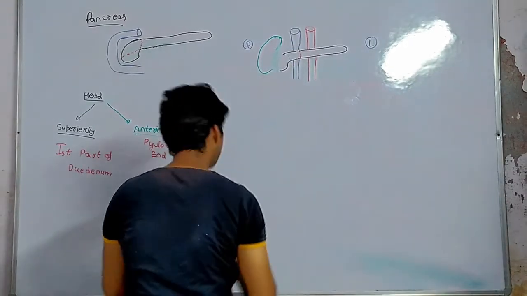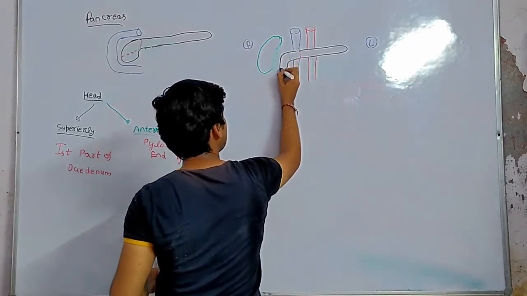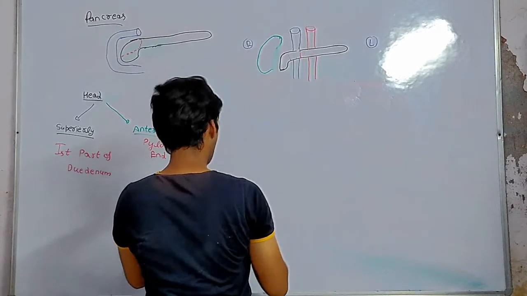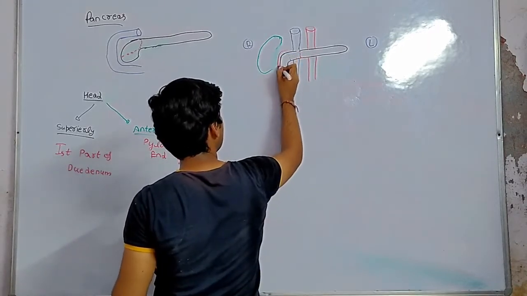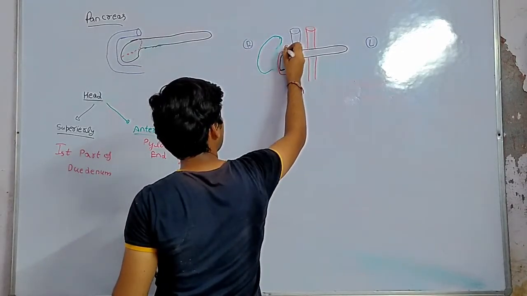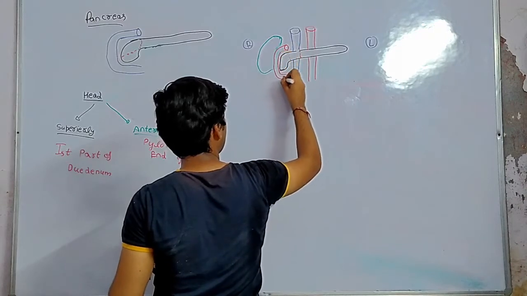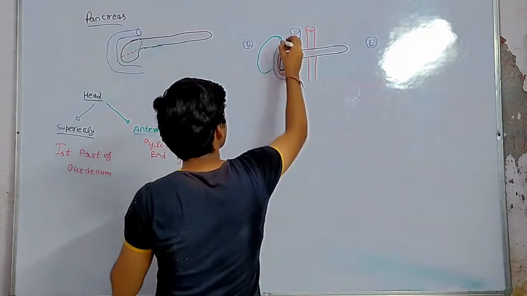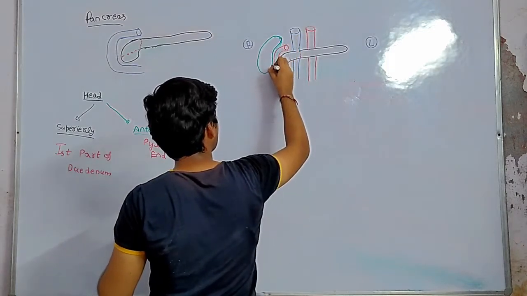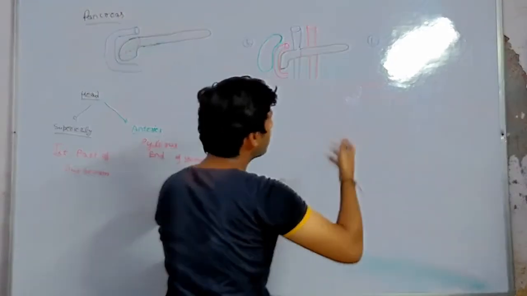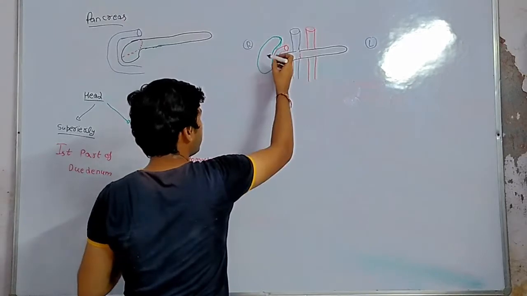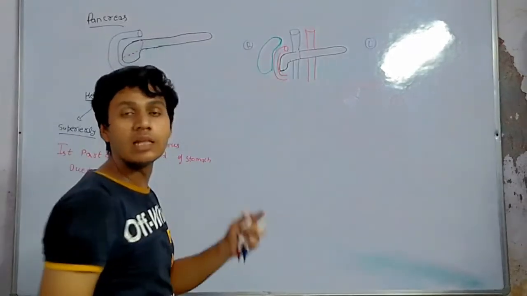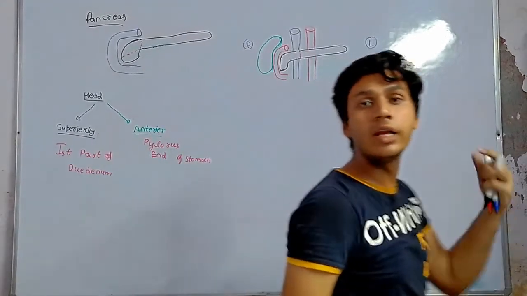Then this pancreas, the duodenum is present like this. This is the kidney. This kidney is behind the duodenum. The kidney has vessels called renal vessels, renal artery and renal vein.